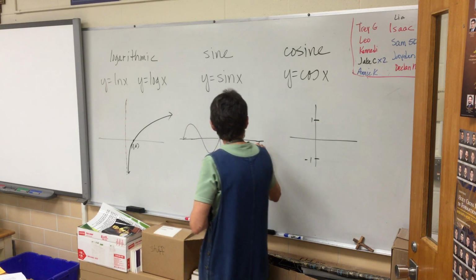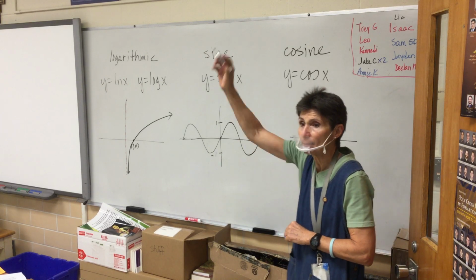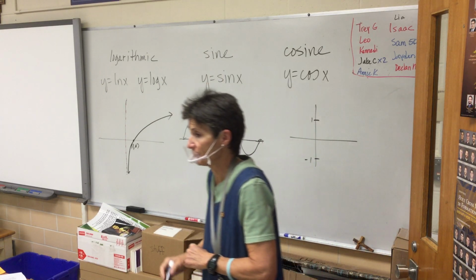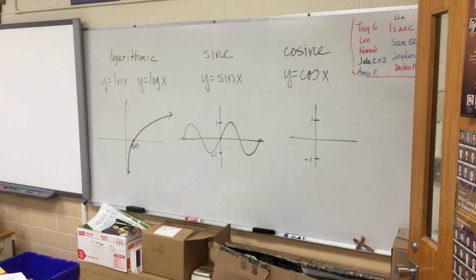Put arrows on both ends, because that guy goes on forever and ever and ever. Just up and down and up and down and up and down. You can label your scale however you want, but make it 1.